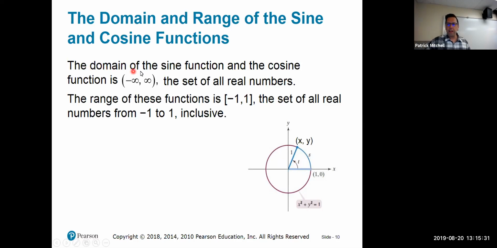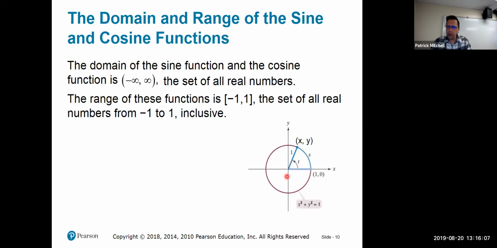So when they say that the domain of either one of these functions is all real numbers, they're just saying that you can think of this length as being any number. If you go around, you know what, let's talk about it in terms of the angle. That might make more sense. We just got done in 4.1 talking about angles. So if you go around one time counterclockwise, you get a number between 0 and 2 pi, right? If you go around a second time, then you get a number between 2 pi and 4 pi.